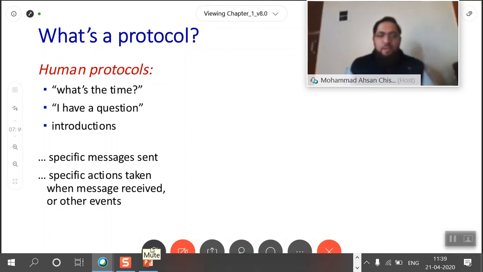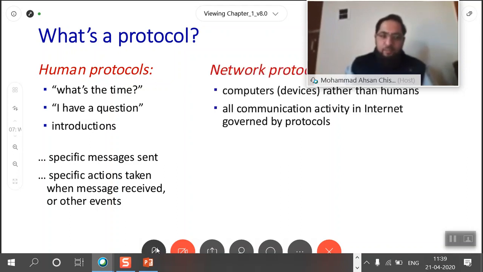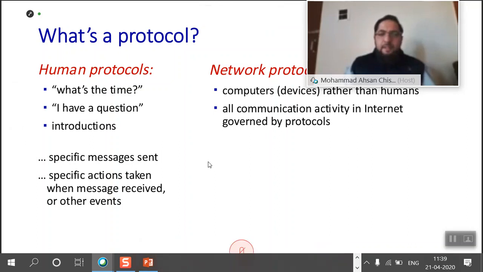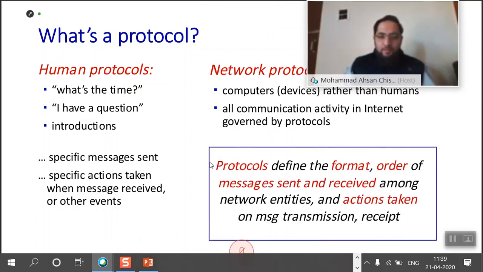So in short, I would have a specific message sent and a specific action would be done when the message is received, or any other event would take place in that case. This is what a network protocol basically is. And all communication, all activities in the internet are governed by these internet protocols.